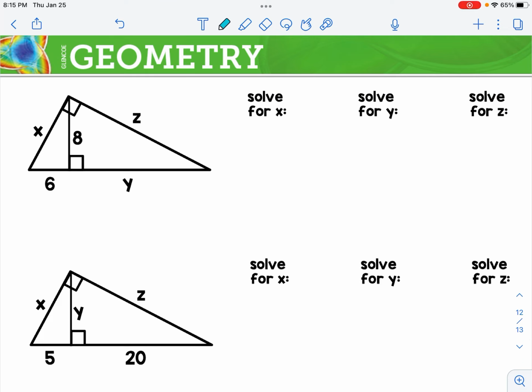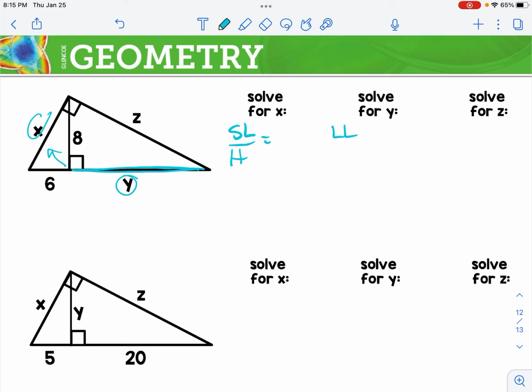So again, solving for x, which is here, this represents a short leg on my big one. It also represents a hypotenuse on this little one here. So it's a short leg and it's a hypotenuse. So I'm going to go on to my y and say the things that y represents. Y is here. It represents a long leg and part of a hypotenuse.